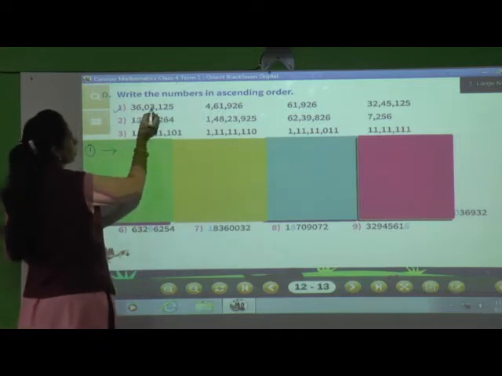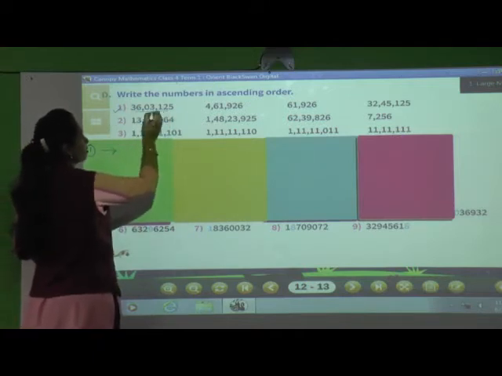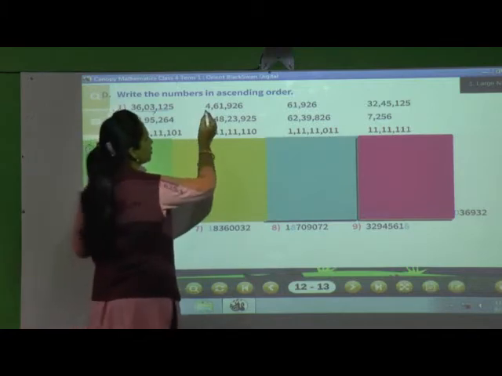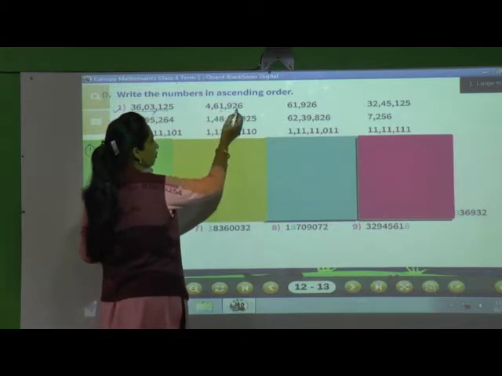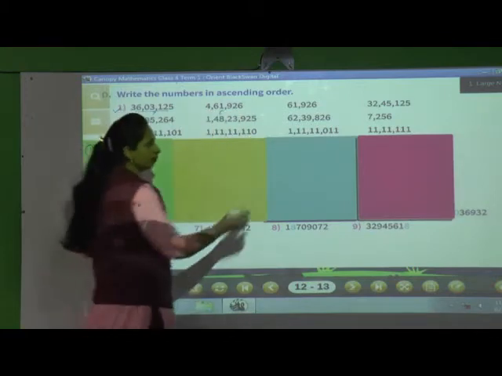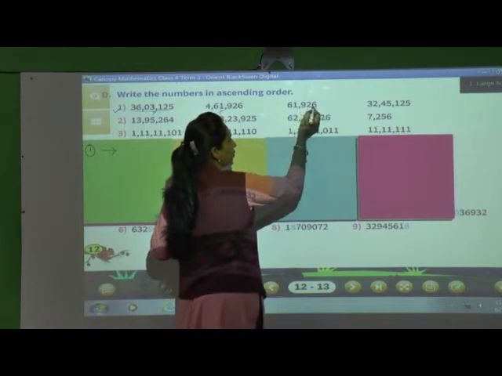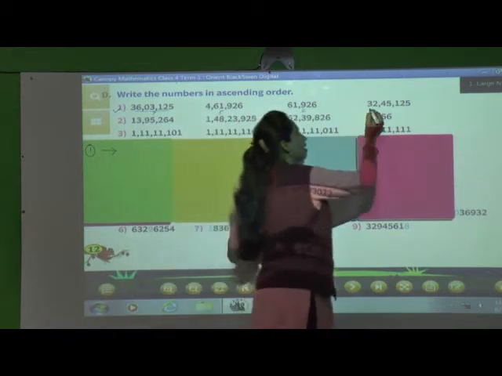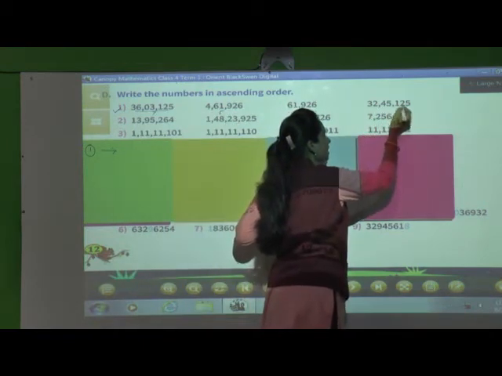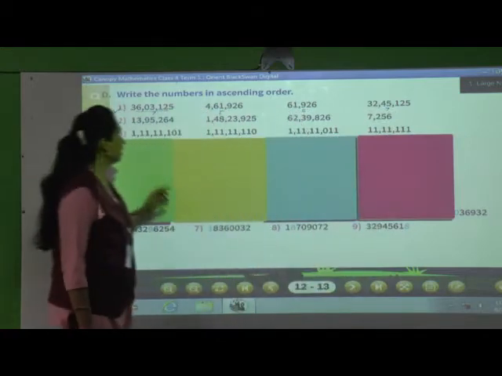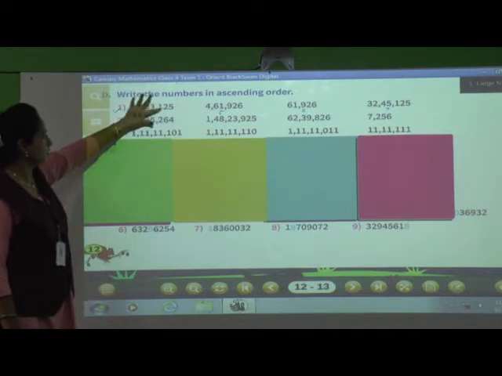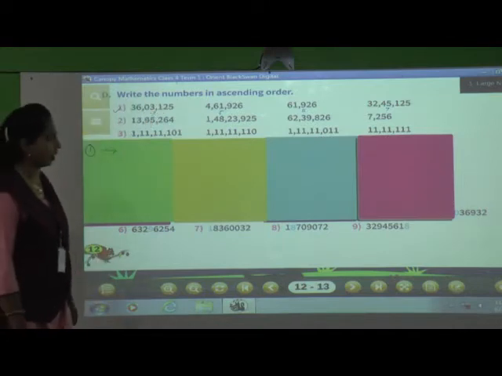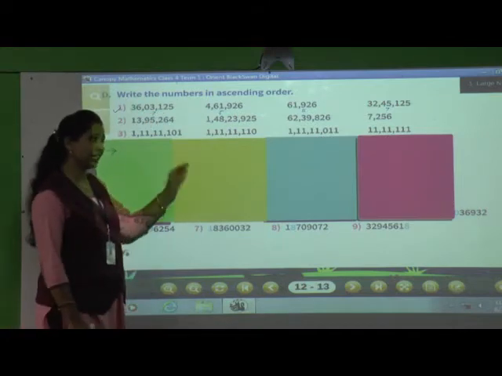See, 1 2 3 4 5 6 7. So write 7. Now here, 1 2 3 4 5 6 7. Sorry, not 7, 1 2 3 4 5 6. Now in this one, 1 2 3 4 5, and the last one, 1 2 3 4 5 6 7. See, they have given one 5-digit number, one 6-digit number, and two 7-digit numbers.